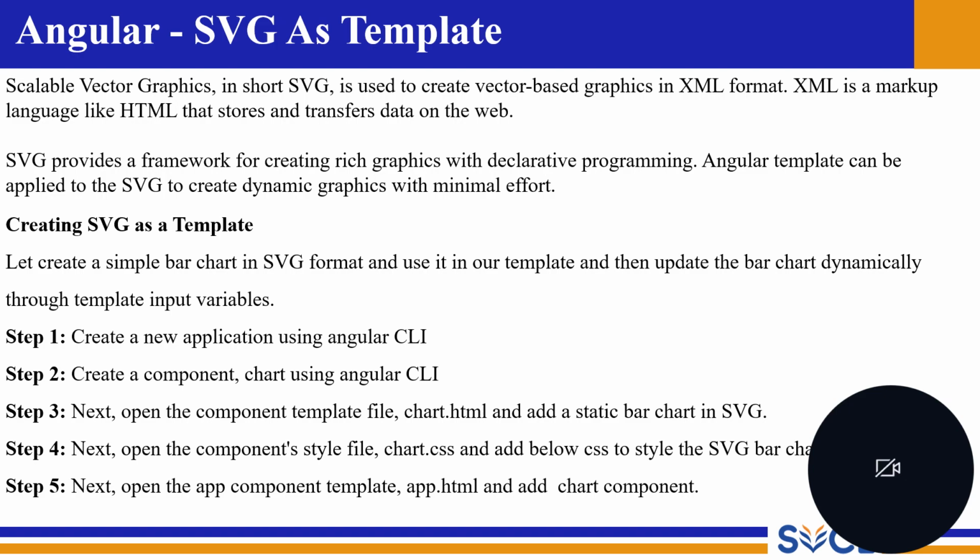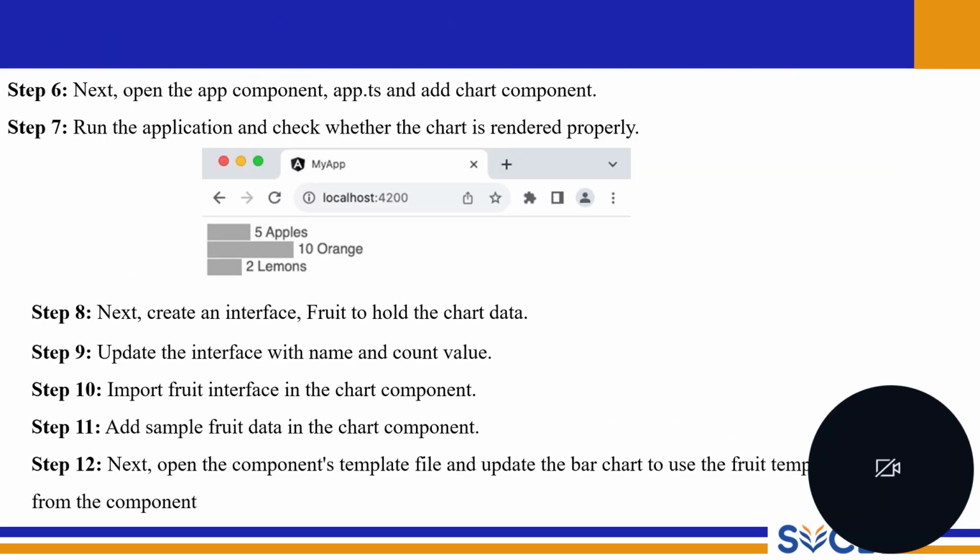In step 5, open the app component template app.html and add the chart component. In step 6, next open the app component app.ts and add the chart component. In step 7, run the application and check whether the chart is rendering properly.